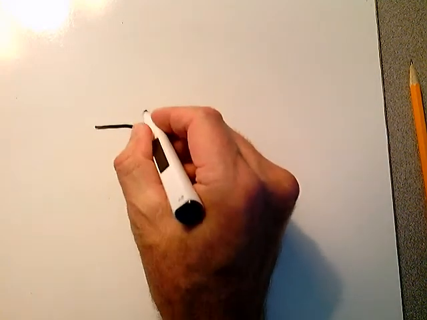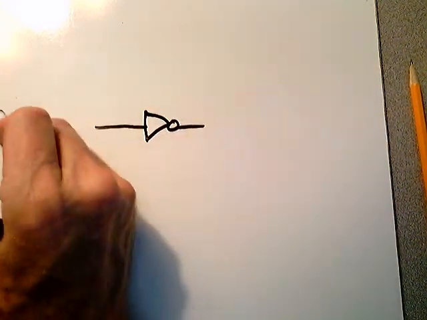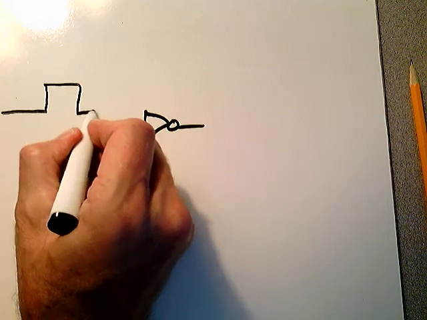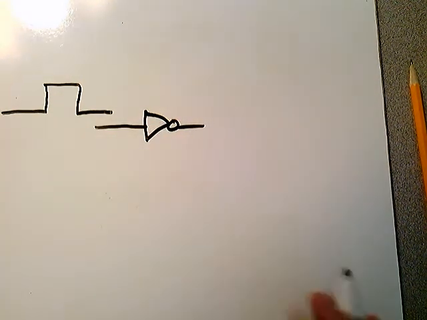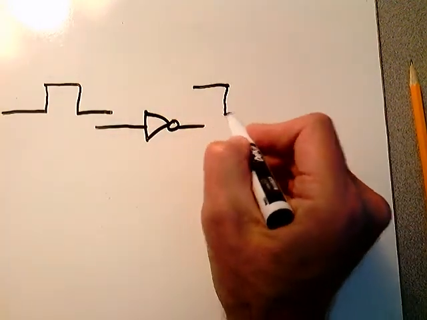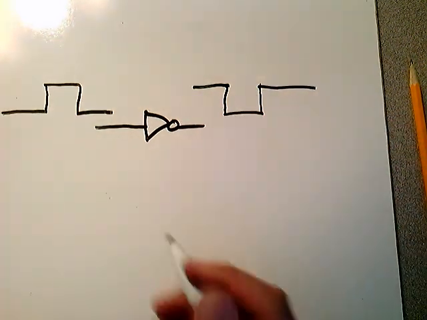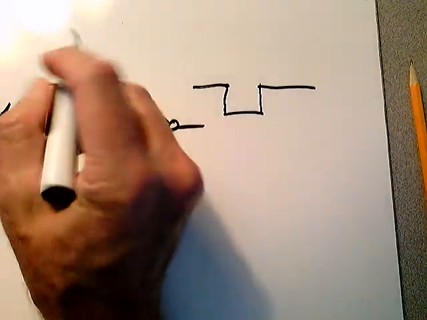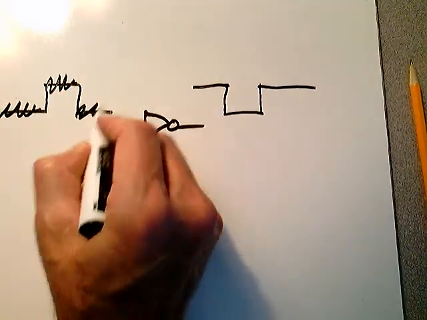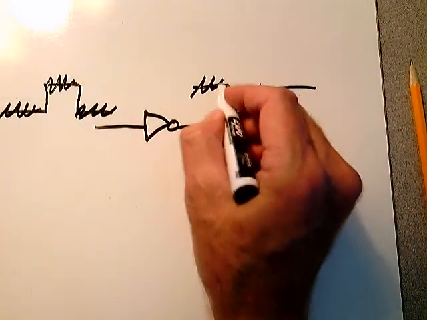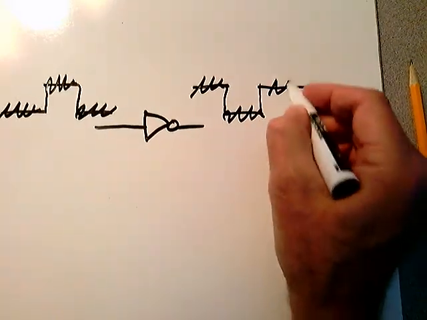Let's say we have an inverter right here, and we want to put in a nice waveform that looks like that, and on the output we want to get a nice waveform that looks like that, the inversion. Well, if you have white noise, which you do in all applications, you have noise riding on this line, and on the output you have noise riding on that line.